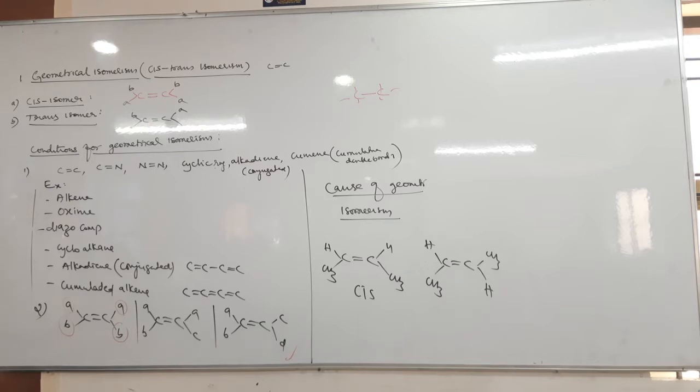The second condition: each double bonded carbon must contain two different groups, like this: AB, AB; AB, AC; AB, CD. It must be different. Next, cause of geometrical isomerism.